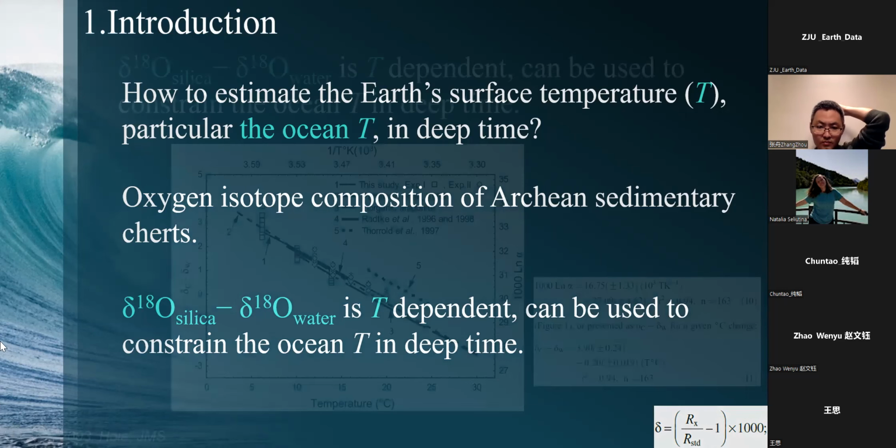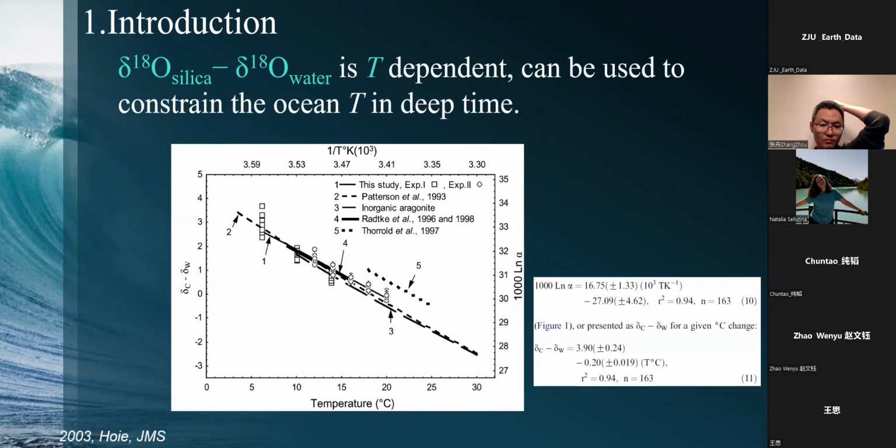And this is the figure. You can see that the y-axis is the fractionation between the carbonate and water. The x-axis is temperature. We can see that the fractionation between the two phases changes with temperature. That's why researchers use this oxygen isotope to constrain the temperature. So please move to next paragraph.